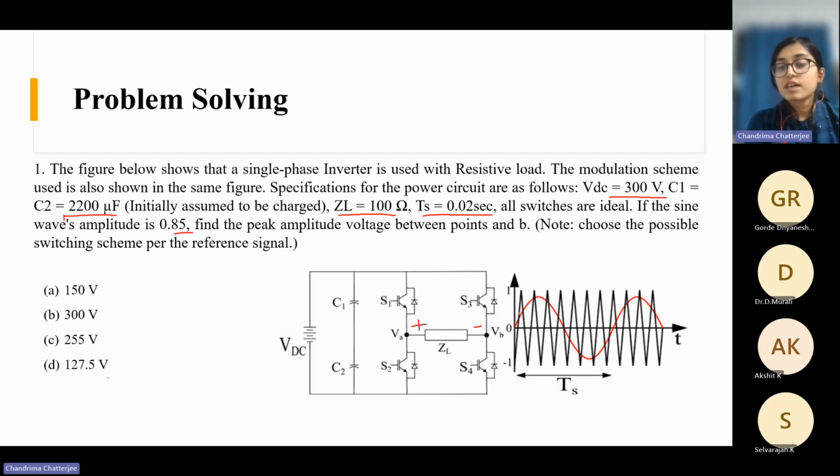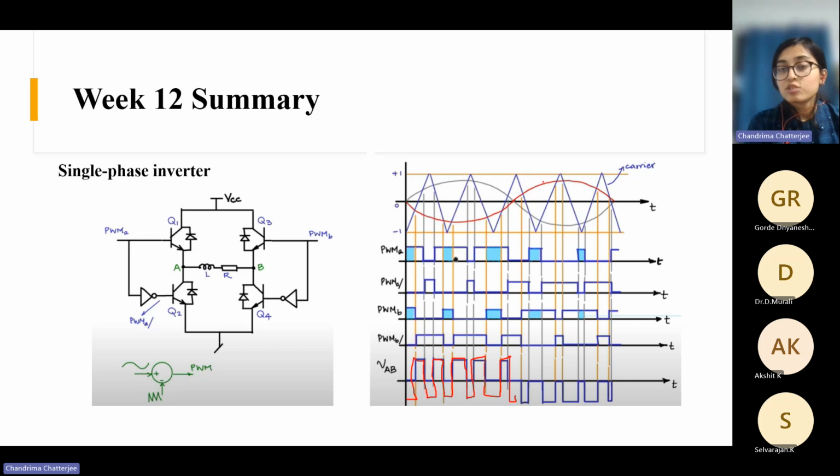So here you see they have shown the triangular wave, and they have also shown the reference sine wave, right? This is a bipolar. So when we were discussing the SPWM, you saw that we were using two reference signals.